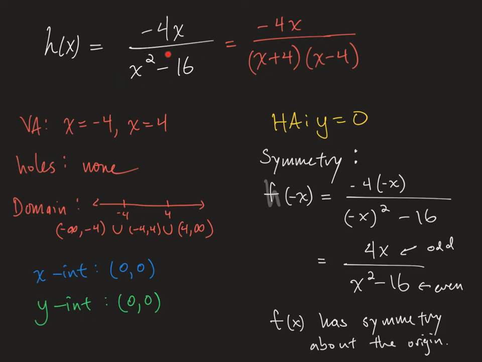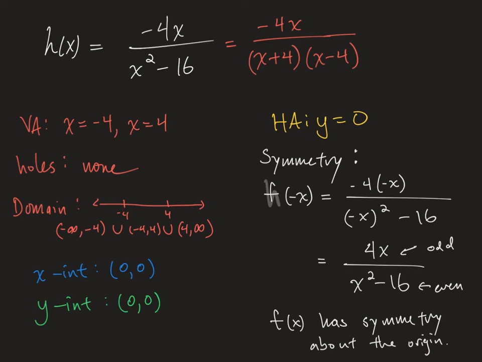It's a positive x squared minus 16 in the original. You get a positive x squared minus 16 after you substitute negative x in. And that makes the denominator even. Whenever you have an odd function over an even function, or vice versa, that means the function is odd, or that means the function has symmetry about the origin.